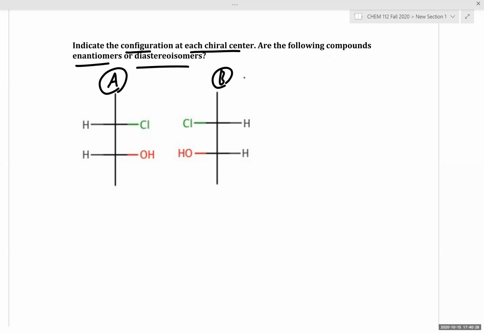I'd be happy to provide feedback. I would also encourage you to share your 3D model depiction. You can draw out your three-dimensional depiction of this Fischer projection, so that we can discuss it and note if the structure was drawn correctly after converting it into a dash wedge structure. So let's work on this example, and then we'll come together as a group to discuss in about 4 minutes.